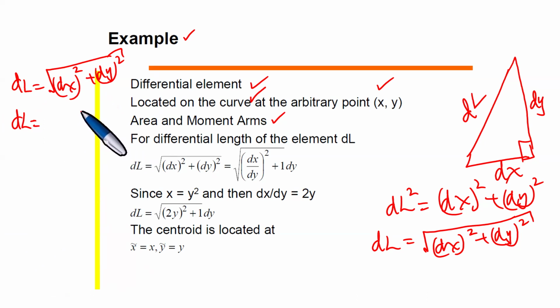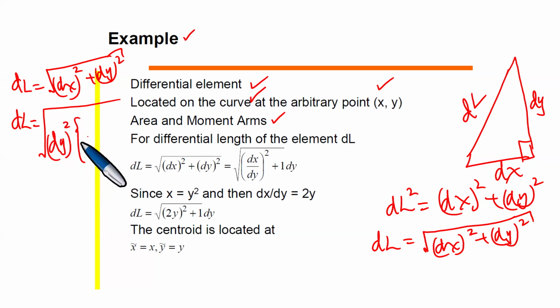There are at least two ways. We can factorize the interior and take out dy squared as a common factor. If we do, we shall have (dx/dy) all squared plus 1, like this.